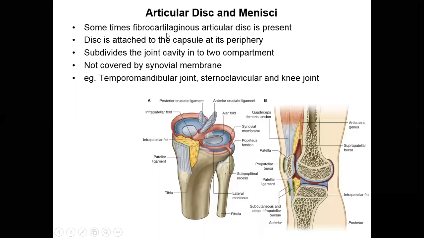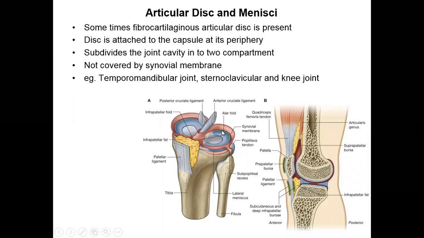So what is it? It is a cartilaginous disc, as we can see here. This is a bone called tibia, this is the femur, and this is the patella. All these three bones together form a joint, that is the knee joint.